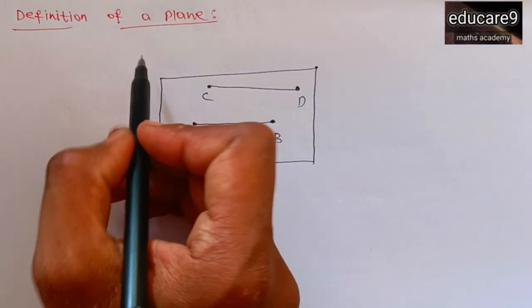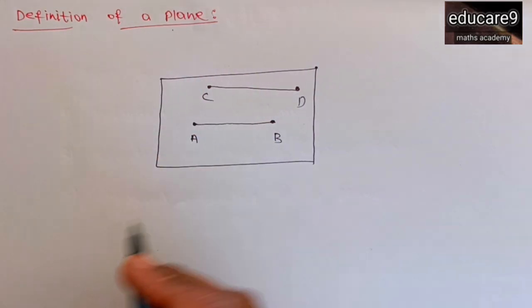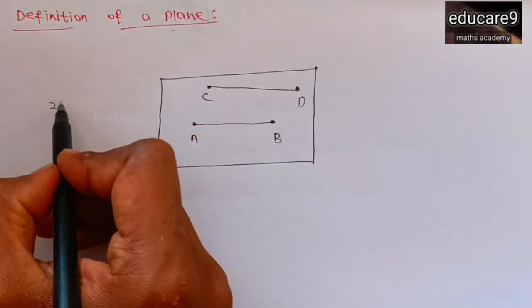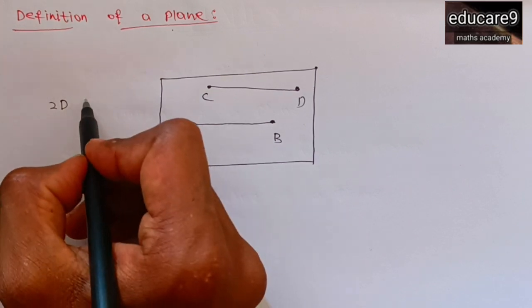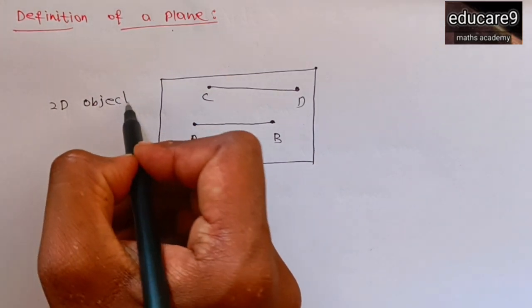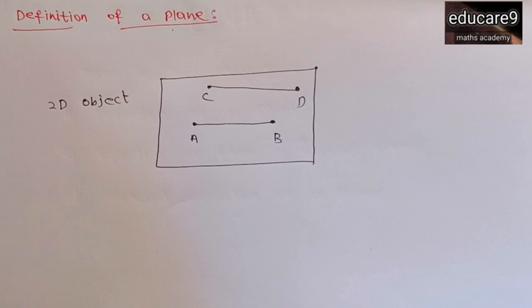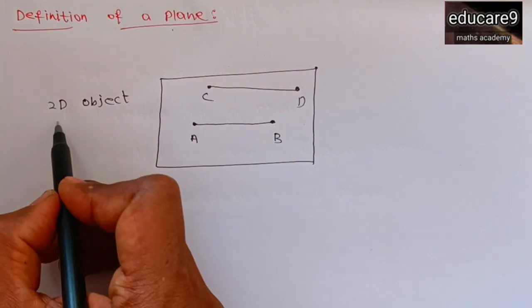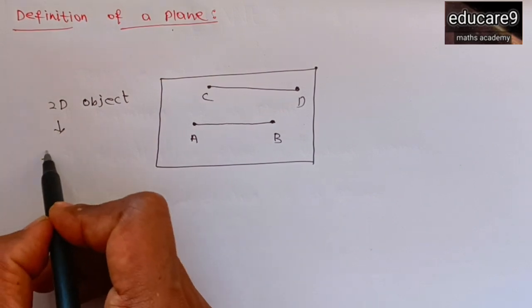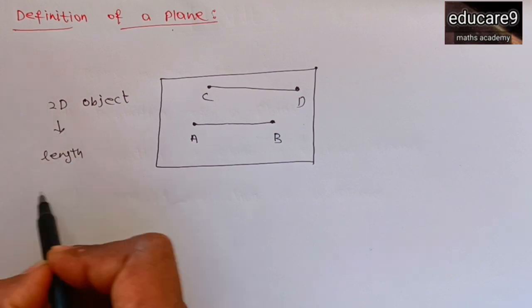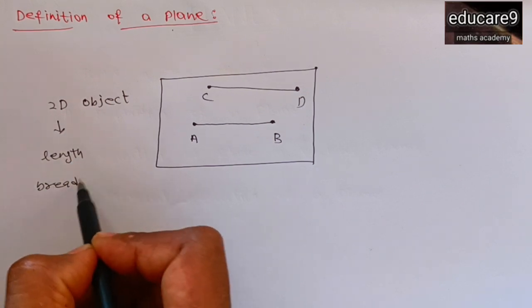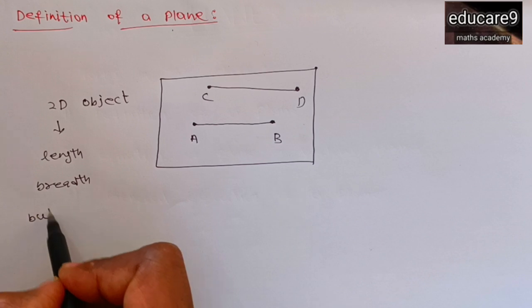So clearly a plane is a 2-dimensional object, which means it has length and breadth but not thickness.